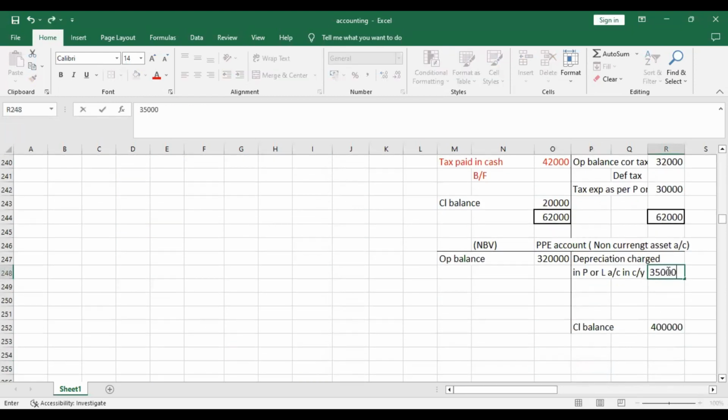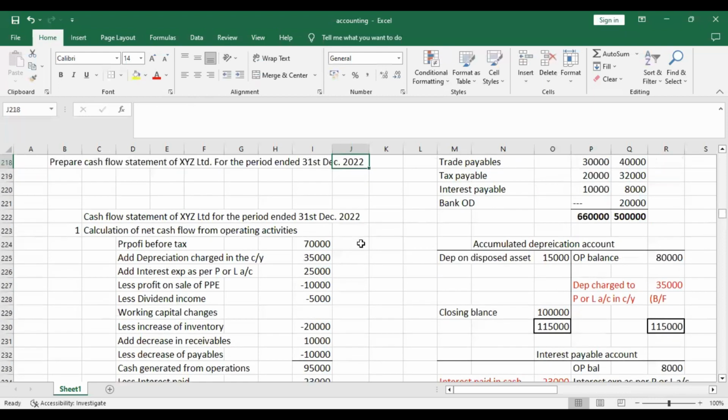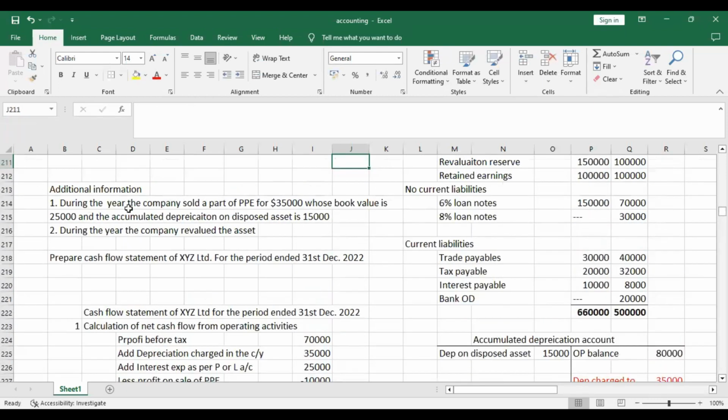Number one. Next, when any asset is disposed, you can take the sale value or you can take the net book value of the asset disposed. It is always better to take the net book value. So this is disposal of PPE. How much is the net book value? In the additional notes given to you, it says very clearly, during the year, the company sold a part of PPE for 35,000, whose book value is 25,000 only.